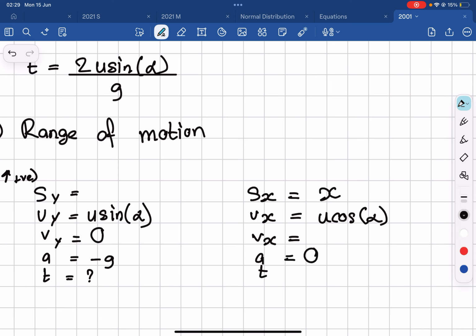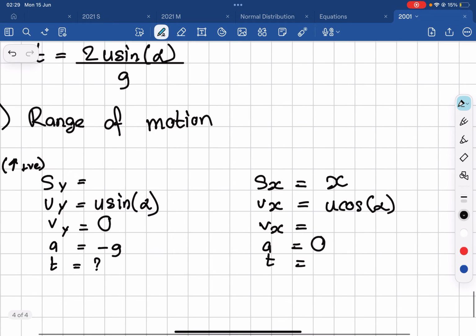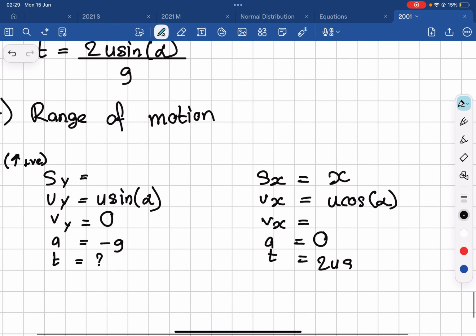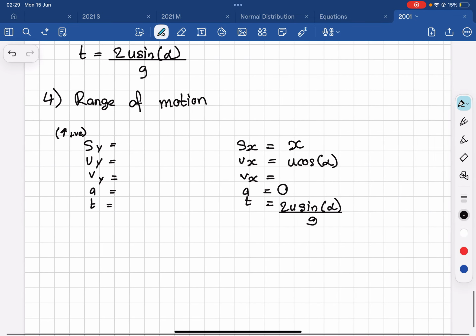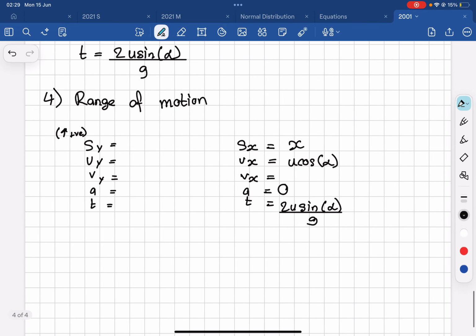Acceleration we do know, which is 0. Time taken, well, we just derived that, so that's 2u sine alpha all over g. And this stuff can all go, it's not really relevant right now. So applying SUVAT on the horizontal components, we've got s, we've got u, we've got a, we've got t.